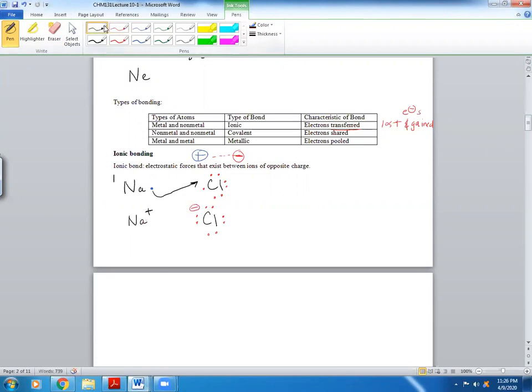Okay. So this one lost 1 electron, and this one gained 1 electron. And that explains the positive on sodium and the negative on chlorine or chloride. Okay.